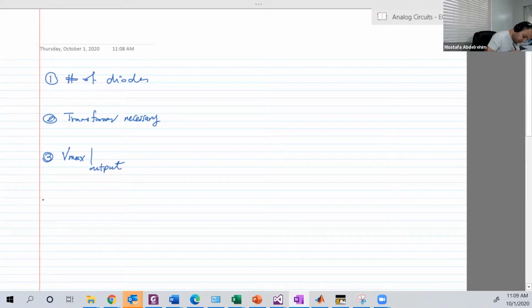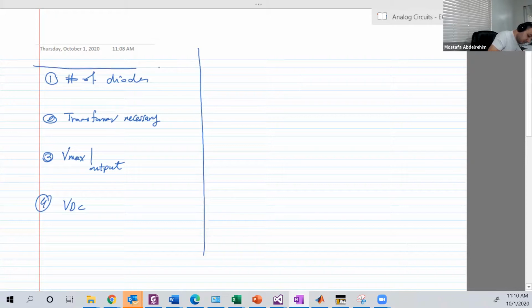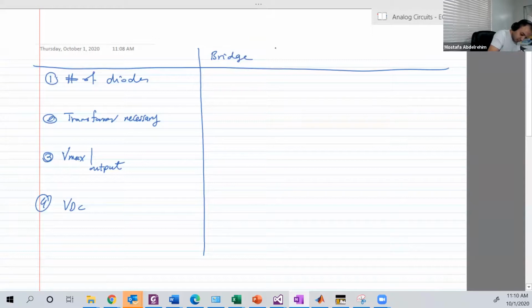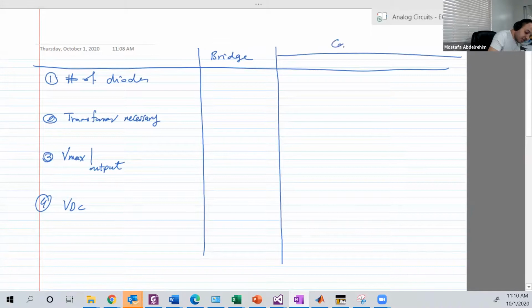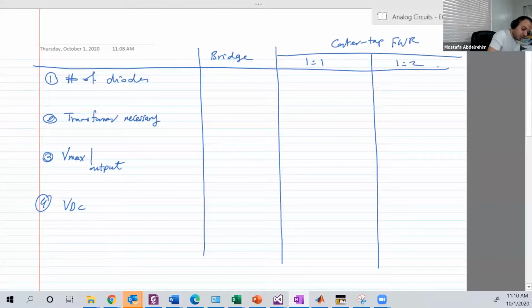Number 4, VDC. We didn't mention this anyway. And we're going to put the bridge here, then here the center tap full-wave rectifier, but in 2 cases, with 1 to 1 and 1 to 2 transformer ratio.